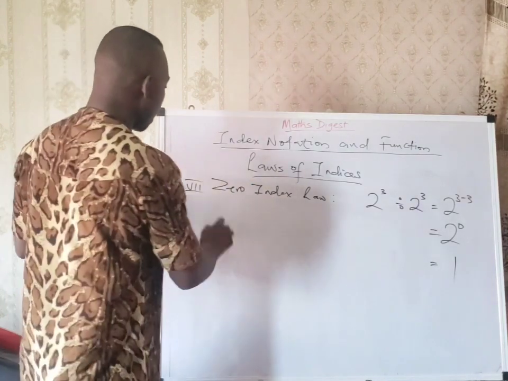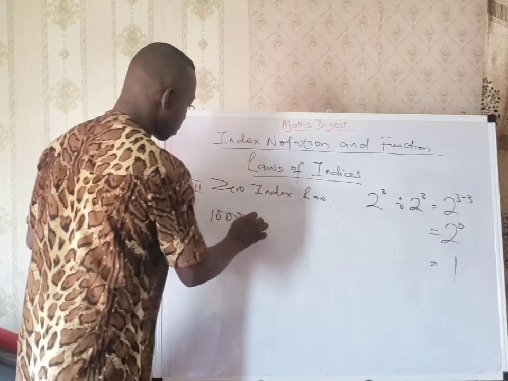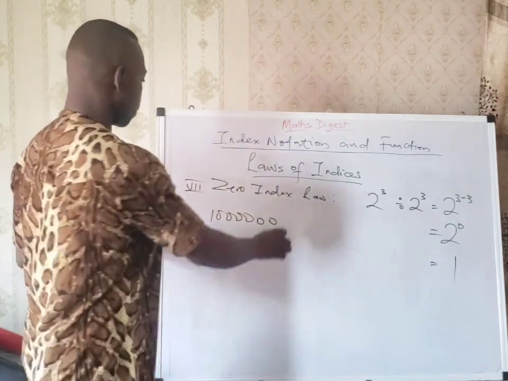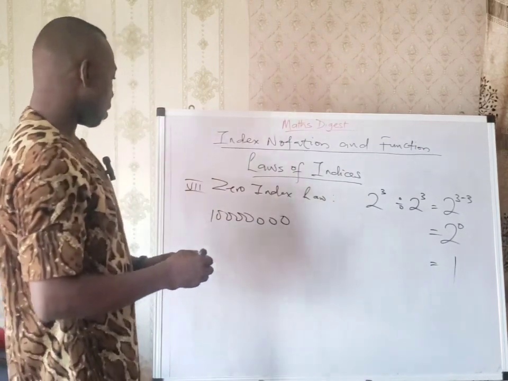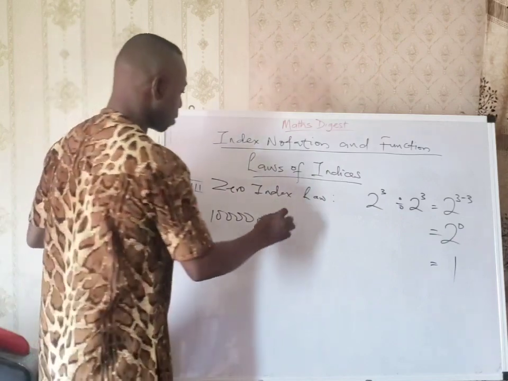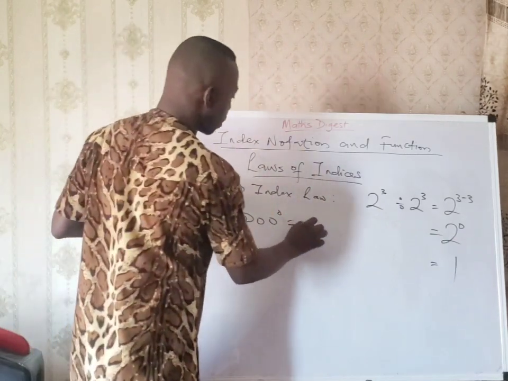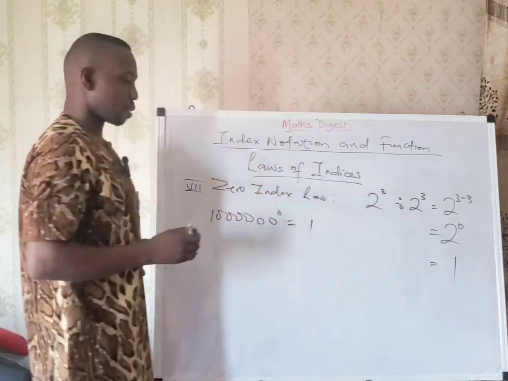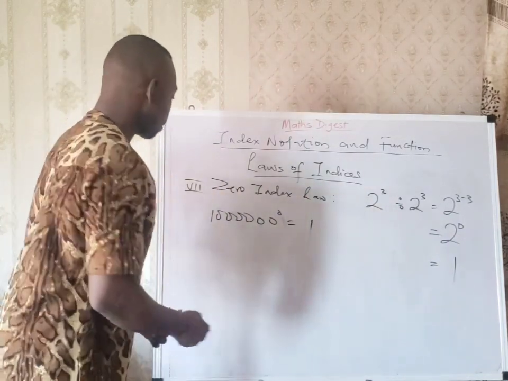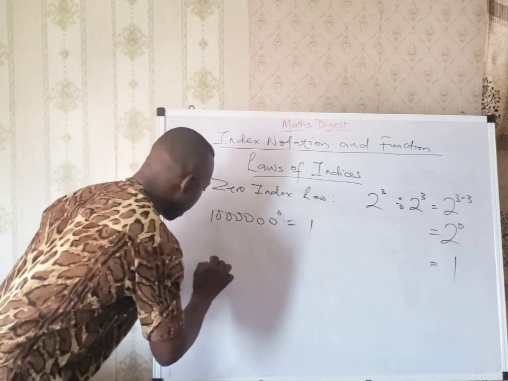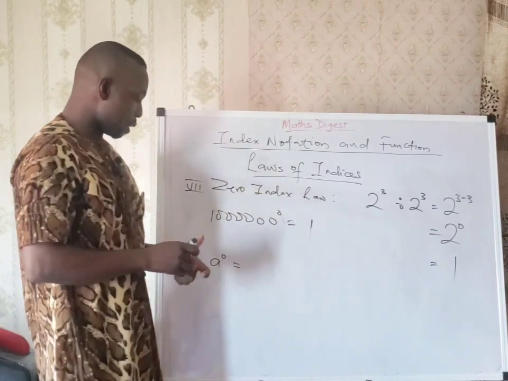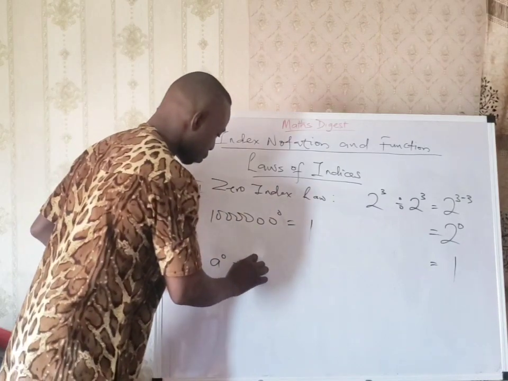And even if you have 1 million, or 10 million, anyhow, that raised to power 0 simply will give you 1. So any quantity raised to power 0 is 1. What that means, therefore, is that if you have a raised to power 0, this a can be any number, it is equal to 1.